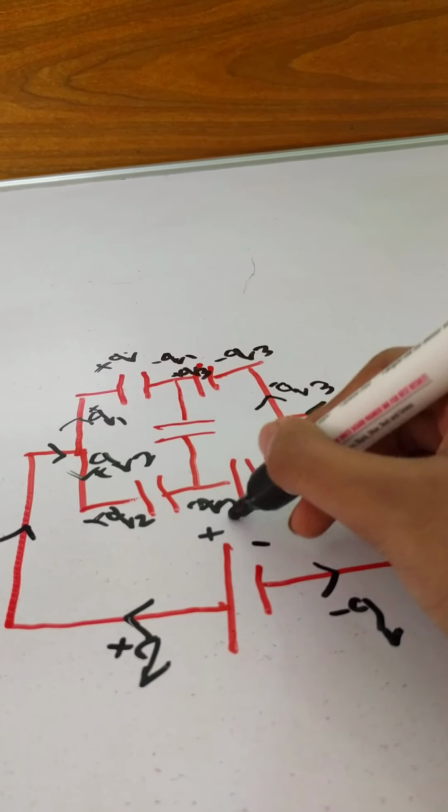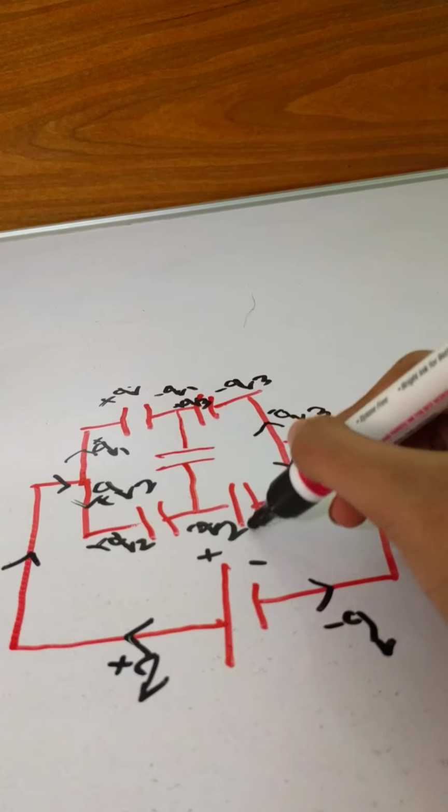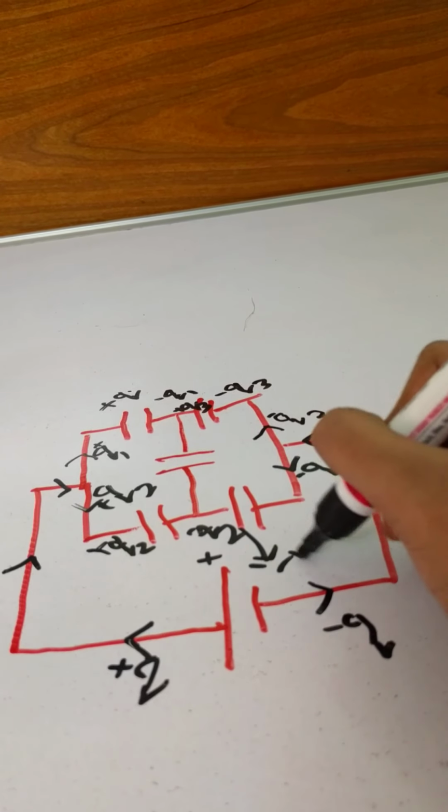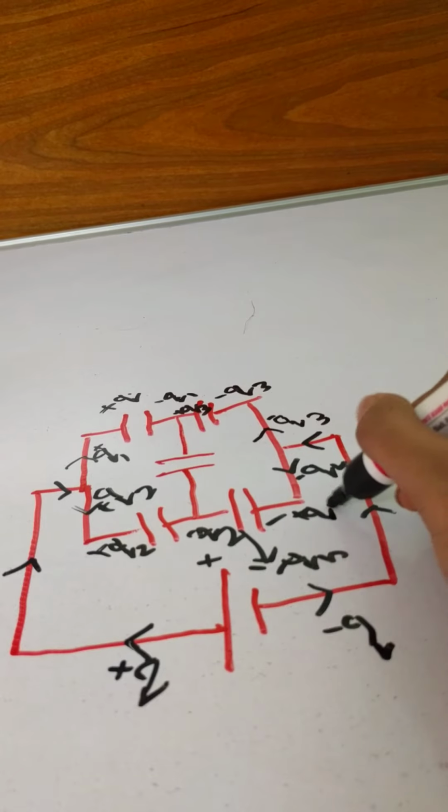This is rubbish, very bad. I will explain and draw it freshly. This is minus q4 and this is plus q4. Sorry, I'll now draw only the capacitor part.